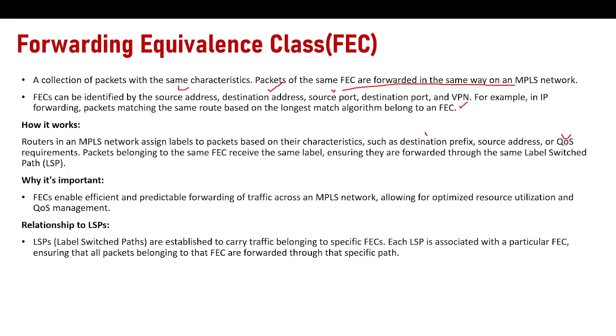So that's why MPLS also helps in improving the quality of service, or QoS, of different services. We are able to assign different QoS values, and then we can treat them differently depending on the requirements of these QoS classes. So packets with the same characteristics will be forwarded through the same LSP.